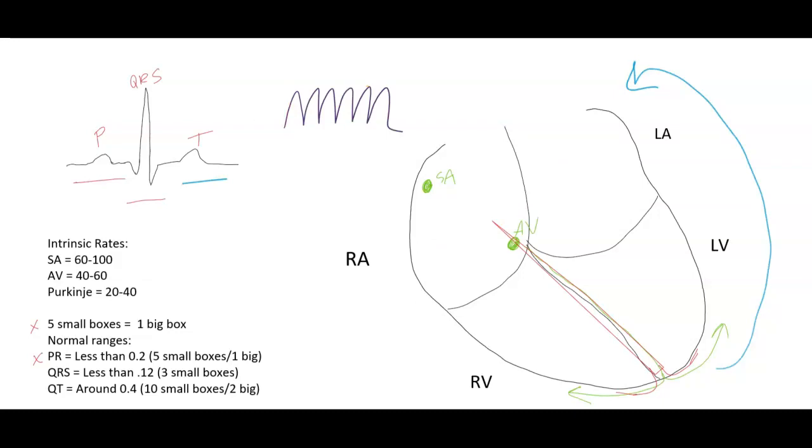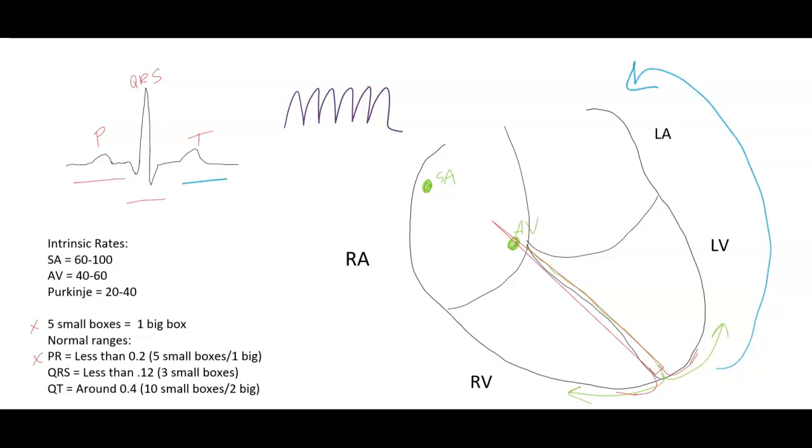Now here we have an example of something that is very similar to what a ventricular tachycardia may look like. So what we know from looking at this is that yes, we're not really seeing any P waves.